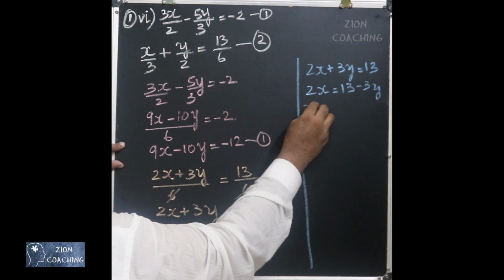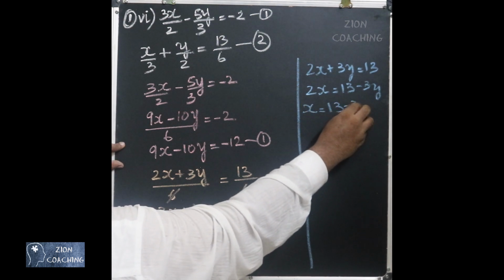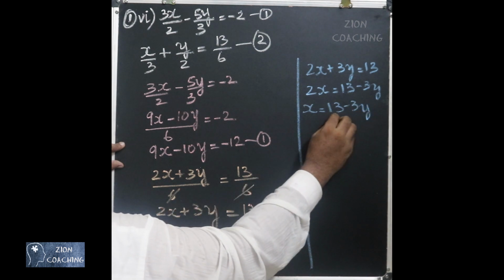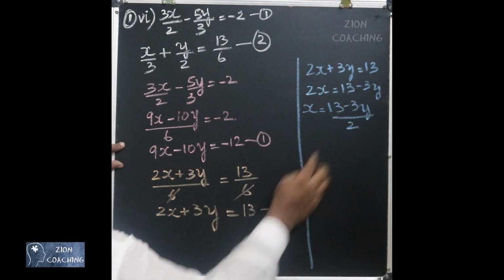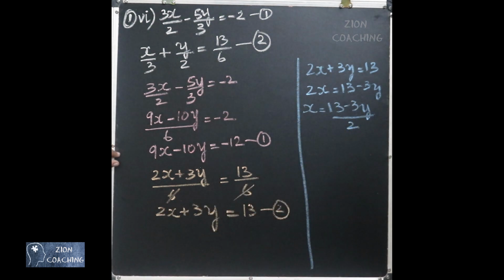So your x value is going to be 13 minus 3y divided by 2. Now we have found what is going to be x. We are going to substitute this in the first equation, which we will do in the next page.